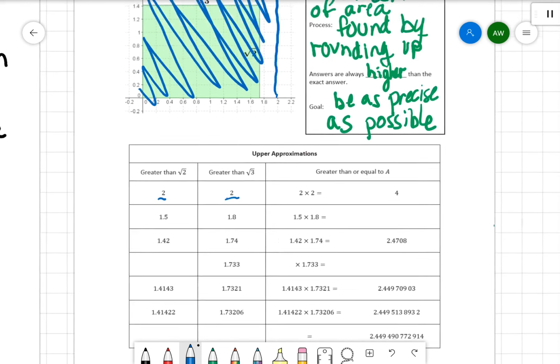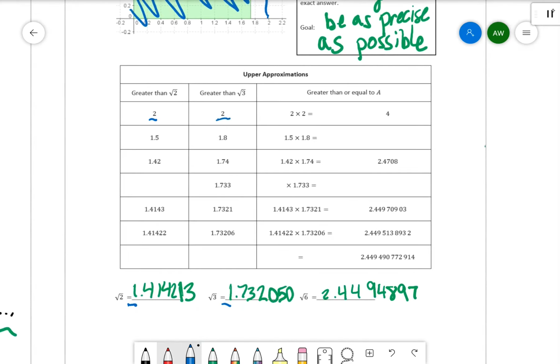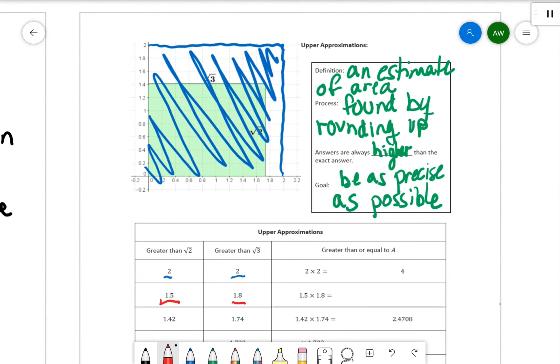So if I look at the square root of 2, my next digit is 1.4. So instead of 1.4, I'm going to use 1.5. For the square root of 3, instead of 1.7, I'm going to use 1.8. Remember, I'm doing an upper approximation, so I'm rounding up. So 1.4 becomes 1.5, and 1.7 becomes 1.8.